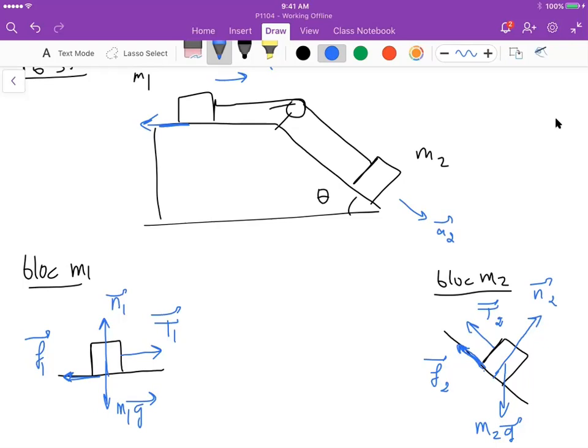Now, there is still something connecting block M1 and block M2: the pulley. In this kind of exercises for this chapter, since the given says that the pulley is in the shape of a solid disk having a radius r and mass m, we cannot neglect its motion.